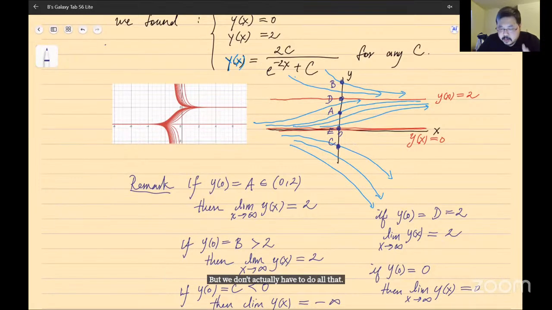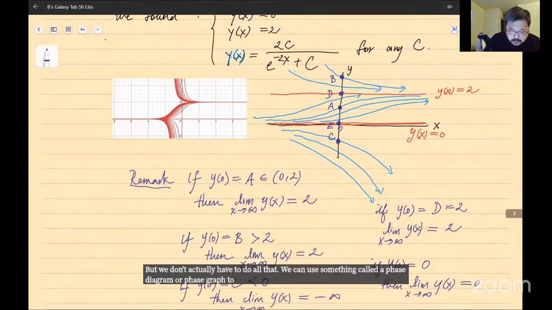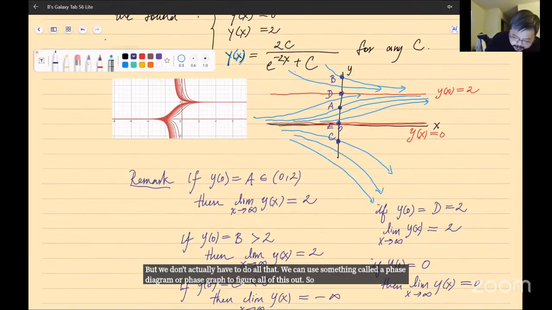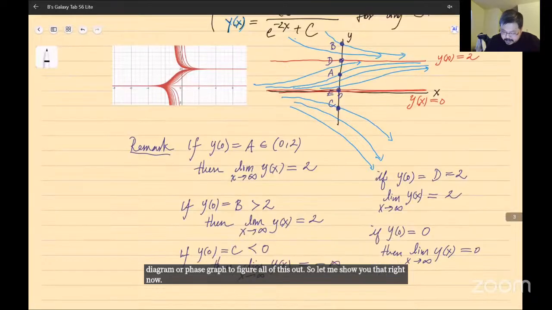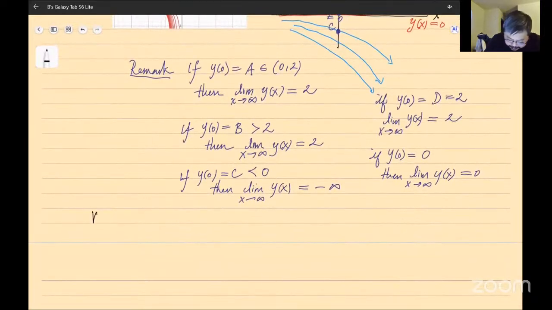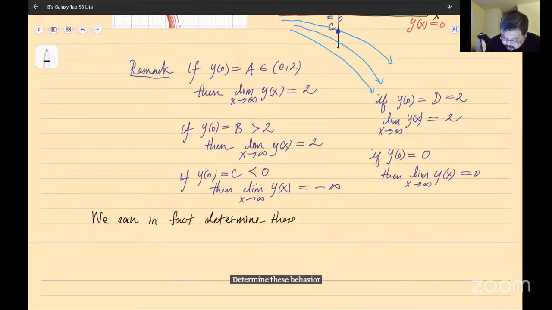We can use something called a phase diagram or phase graph to figure all of this out. So let me show you that right now. We can determine these behaviors using a phase diagram or phase graph.